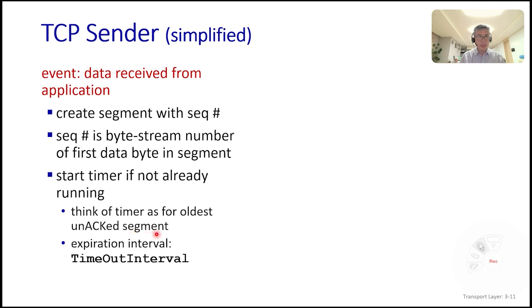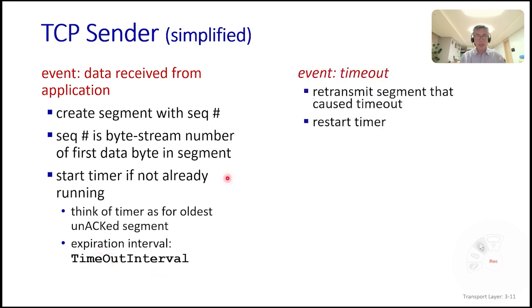When this oldest unacknowledged segment's timer expires, we retransmit that segment. The TCP timeout value is what we calculated previously. When a timeout happens, we retransmit the segment that caused the timeout and restart the timer.